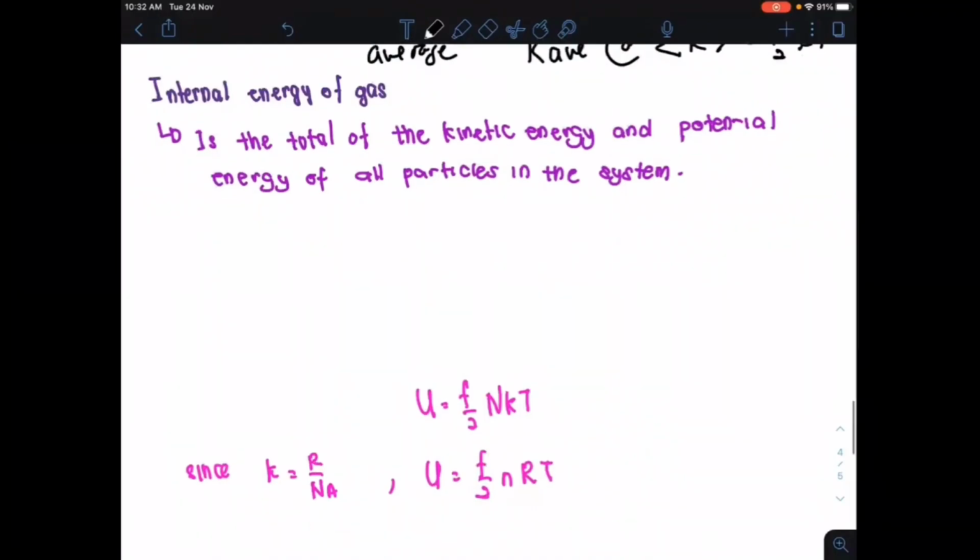Next, kita nak tengok pada internal energy of gas. Okay, internal energy pula is the total of the kinetic energy and potential energy of all particles in the system.